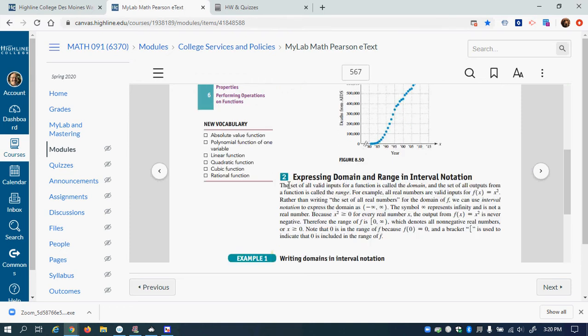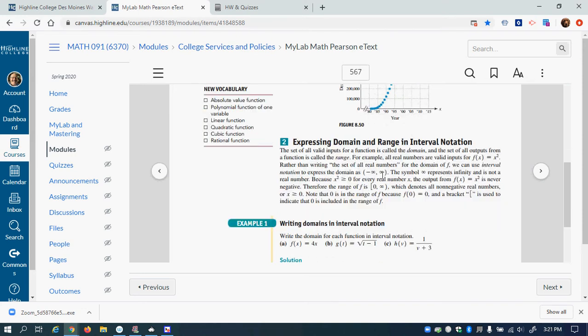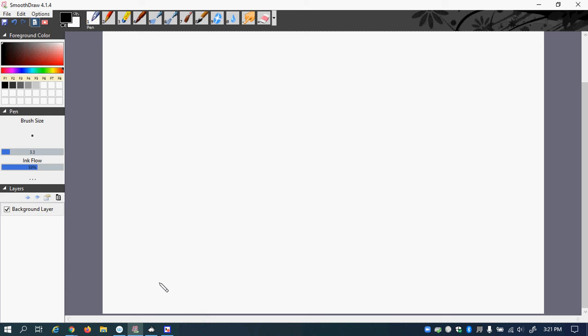And so if we want to express the domain and range for these nonlinear functions, we have to take some things into account. So let's look at these three examples here. I'll go back to my little pad so we can do that. The first one we are going to do is a linear equation, f of x equals 4x.